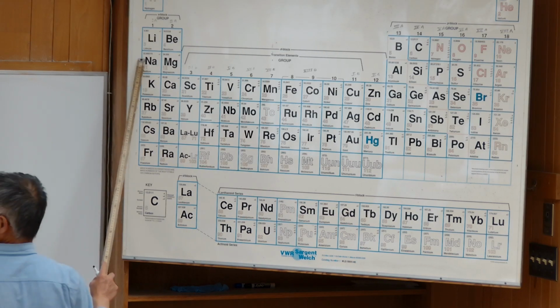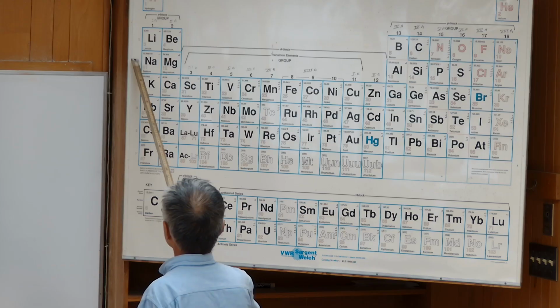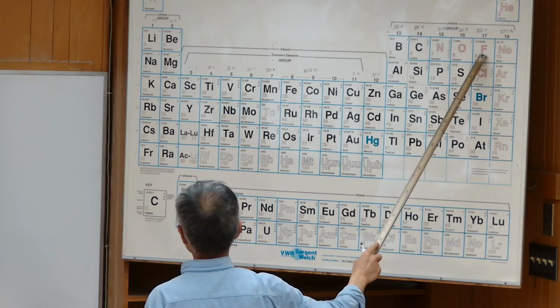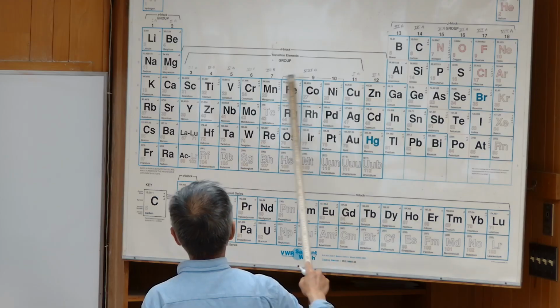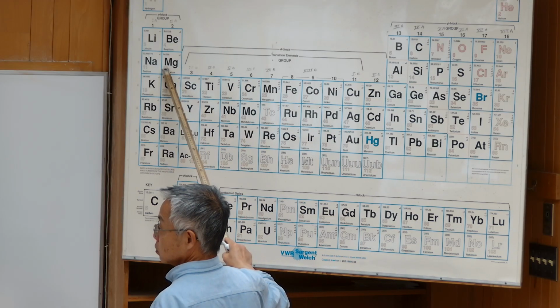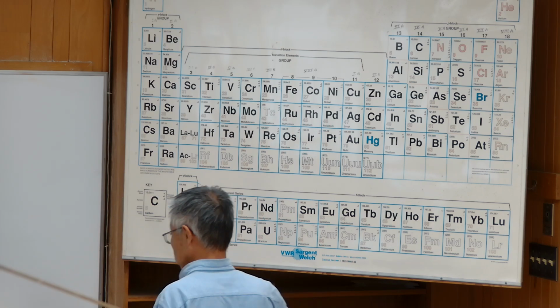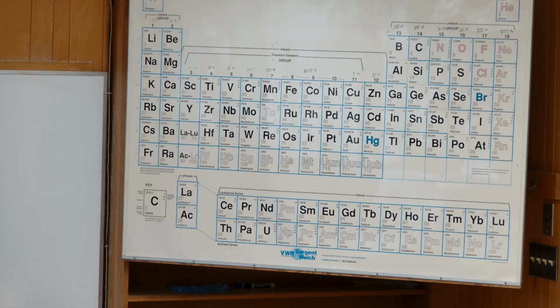Sodium 11 protons, nitrogen 7 protons, fluorine 9 protons, magnesium 12 protons, oxygen 8 protons. So clearly, magnesium with 12 protons is the largest.